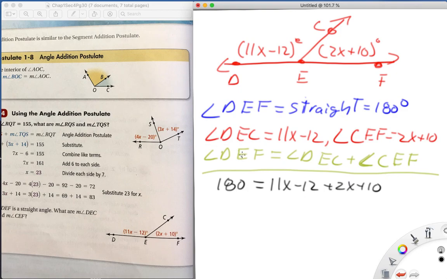So now instead of DEF equals DEC plus CEF, I have 180 equals 11x minus 12 plus 2x plus 10. I'm going to combine like terms. I have 180 equal to 13x minus 2, and I get 182 equal to 13x.